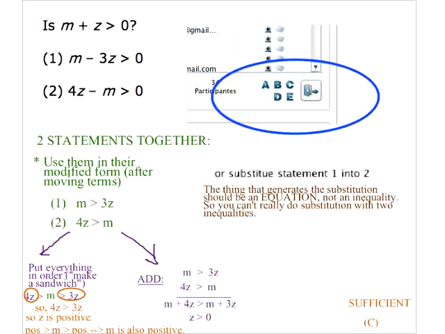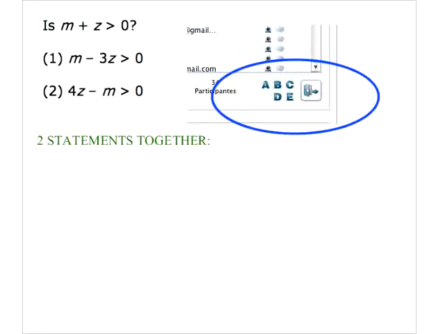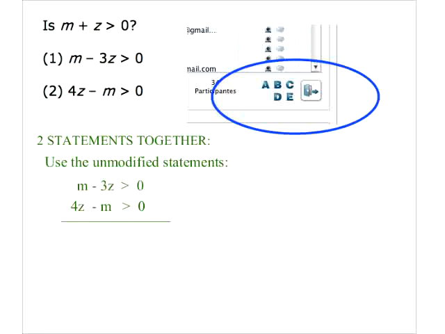So watch that. But another way you can do this with the two statements together is to use the unmodified statements and just add them right off the top. So take m minus 3z is greater than 0, and then take 4z minus m is greater than 0, and just add them and see what happens.